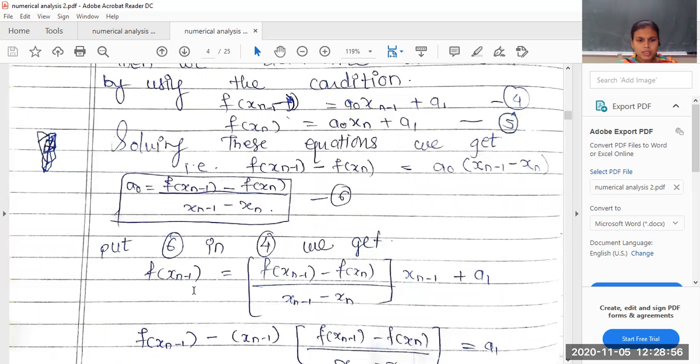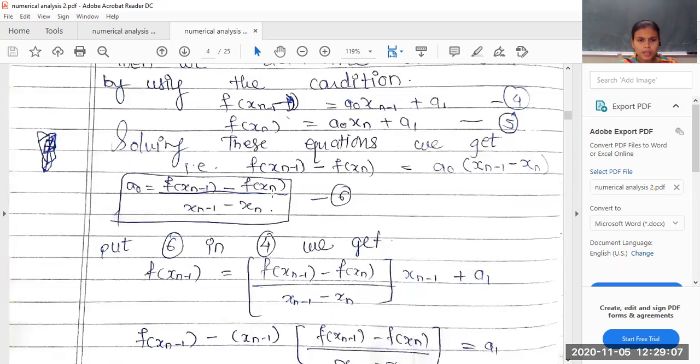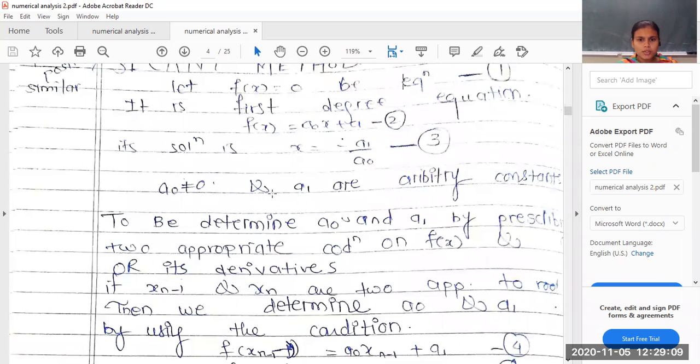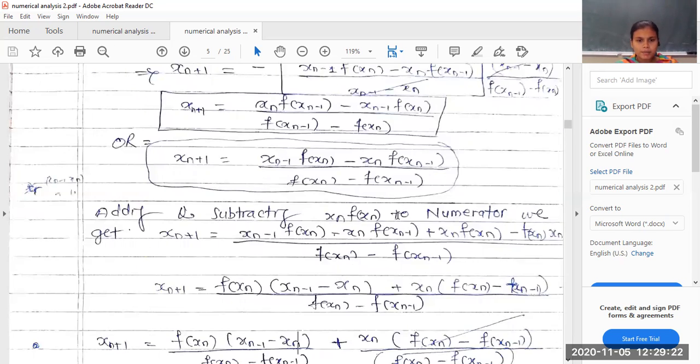Solve this equation for a1. Now put x_(n+1) is equal to minus a1 by a0, that is our first equation, equation number 3. And hence you can find the value of x_(n+1) equal to this number. The equation we get is the secant method.